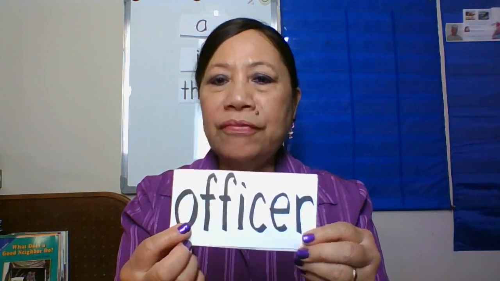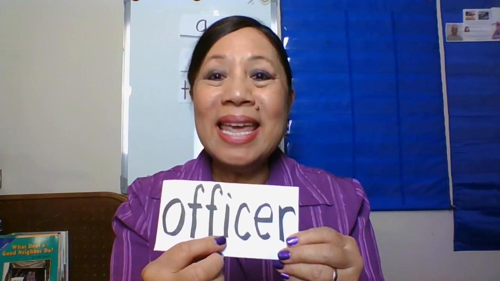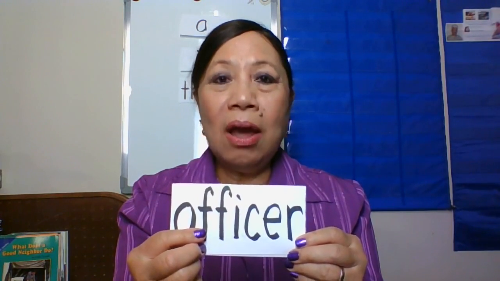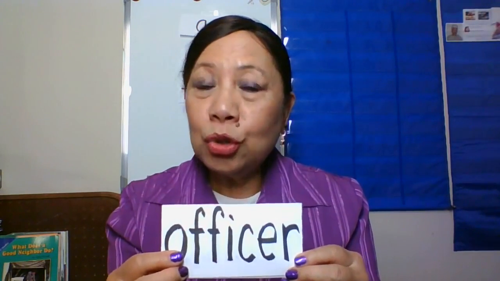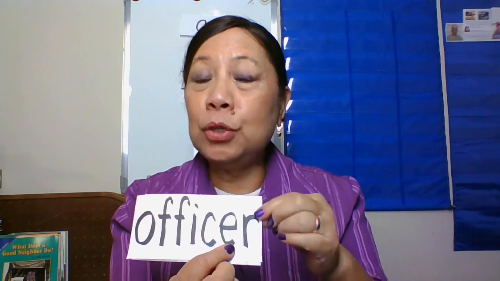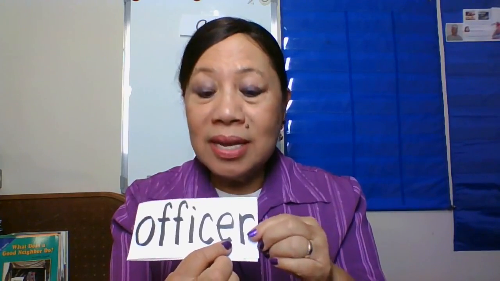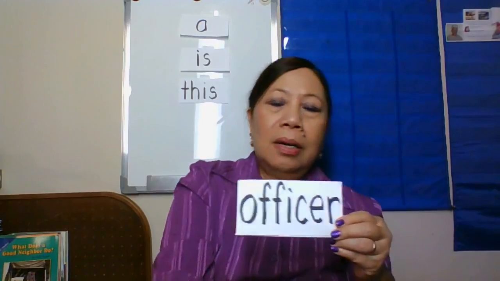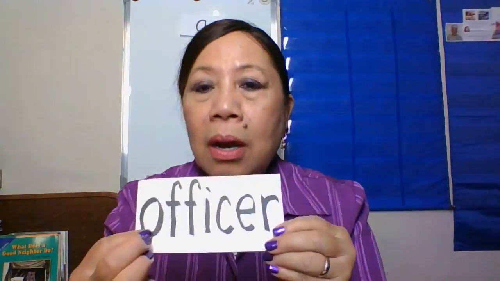This one is officer. O-F-F-I-C-E-R. Let's sound it out. All right, remember, E-R is an R-controlled vowel. This is a vowel, but it's controlled by the R because you hear the R more than the E. You hear the loud R. Officer.